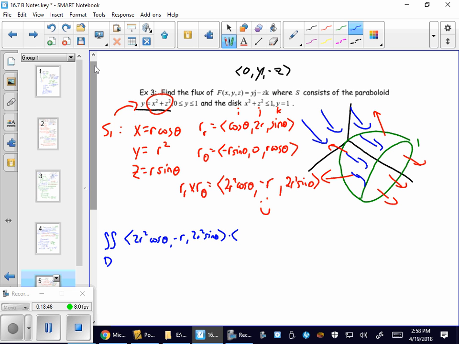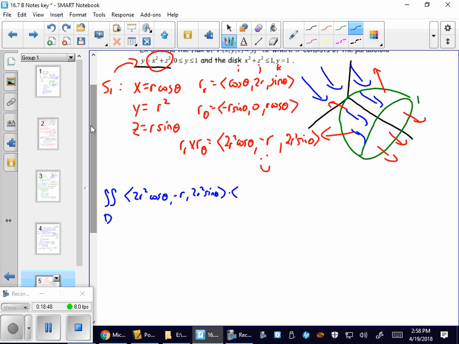So 0, y is r squared, and then negative z is going to be negative r sine theta, dA.